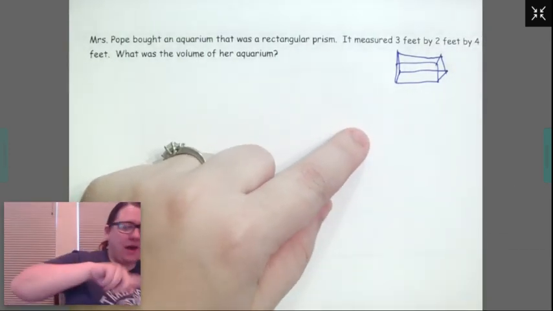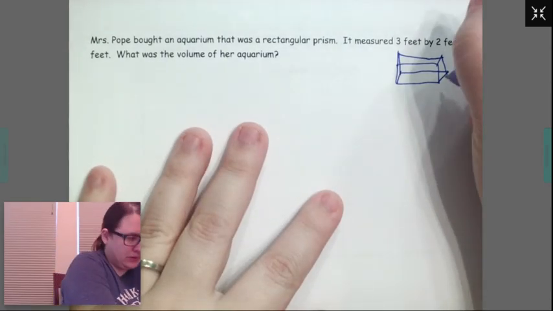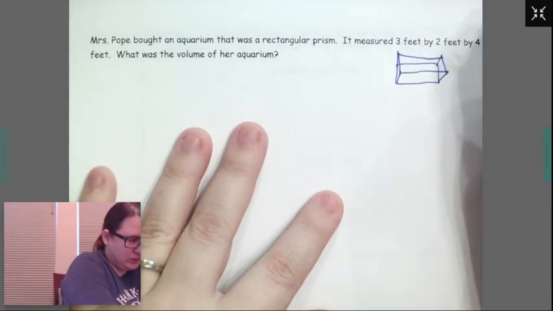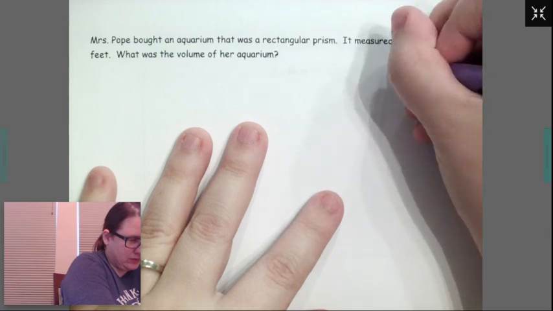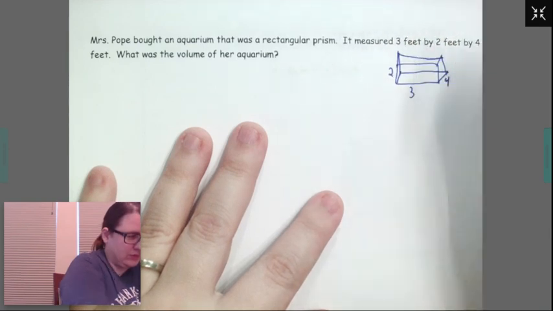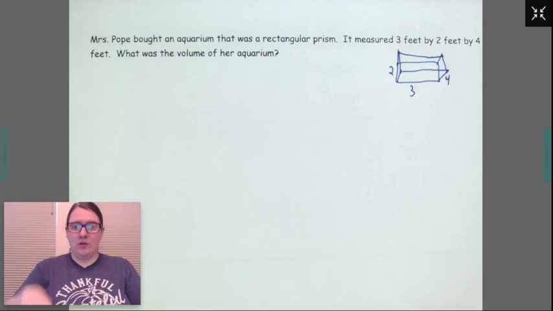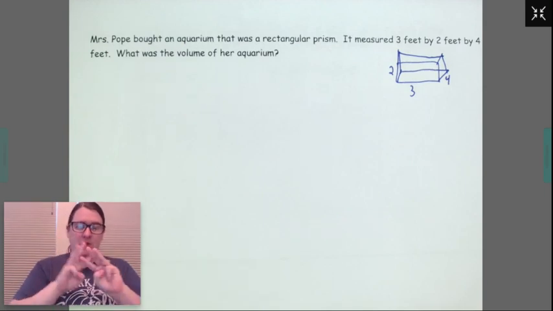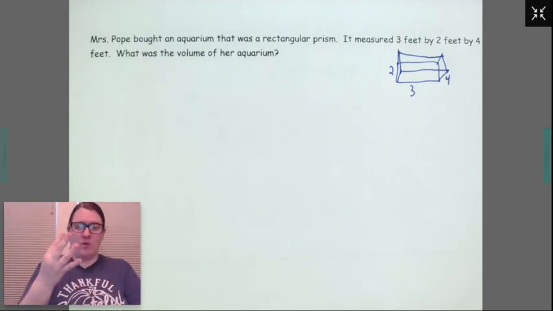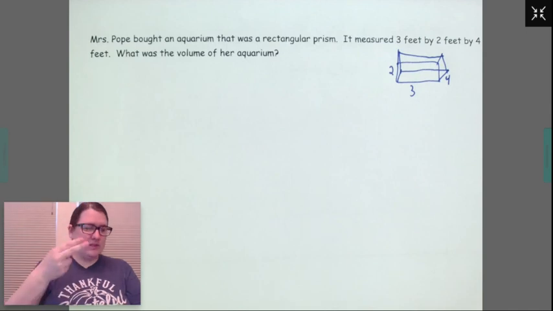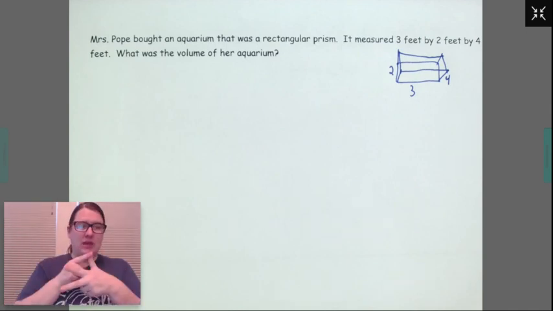So 2 is the width, 3 is the length, 4 is the height. We have 3 things to do.